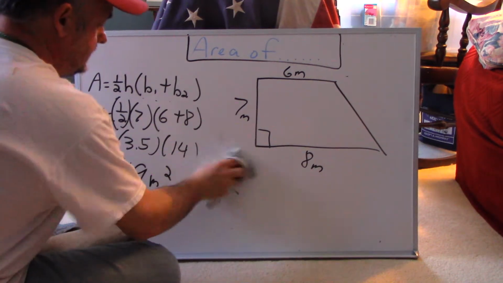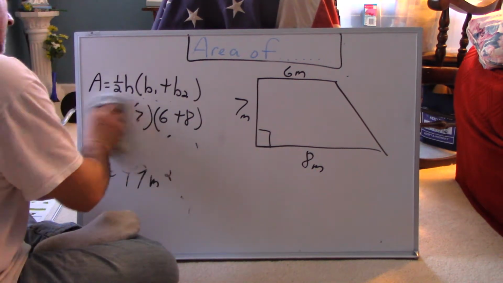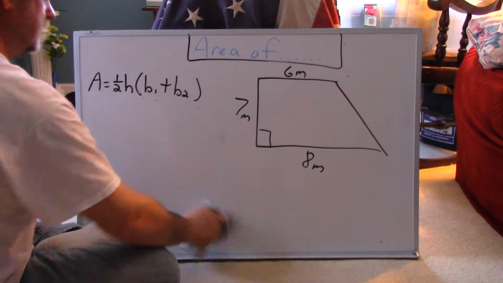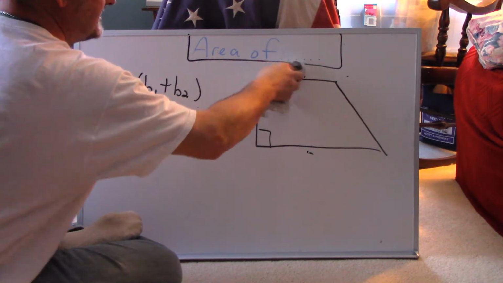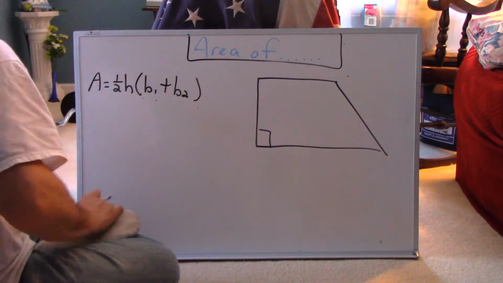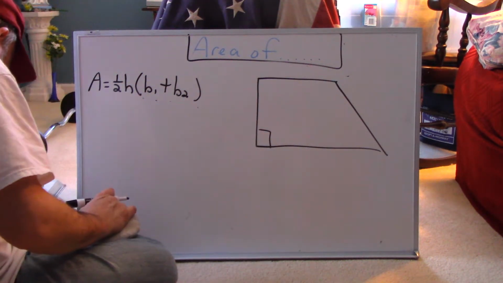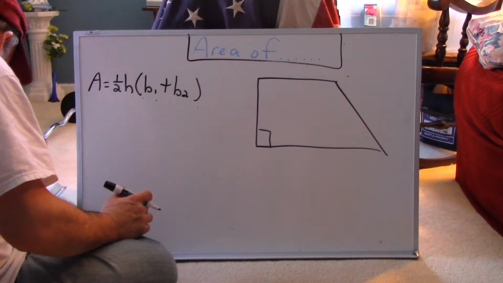Okay, let's do another one. I hope this is helpful. You can stop the video. When I set a problem up, stop the video and do it yourself and see if it's right after I do it. That can help you.